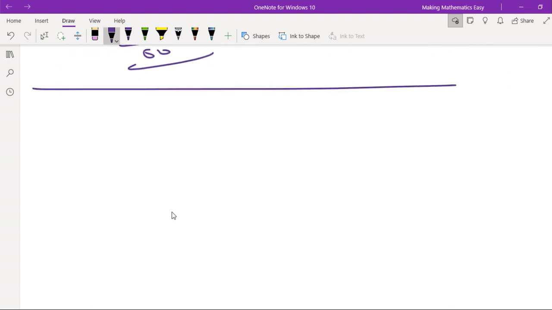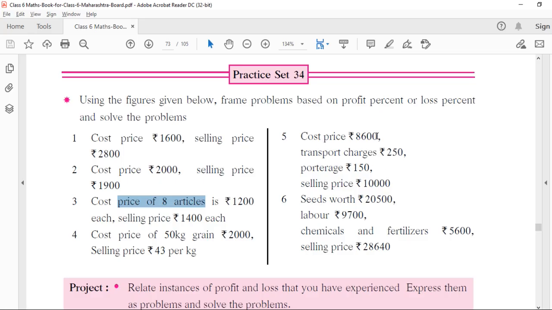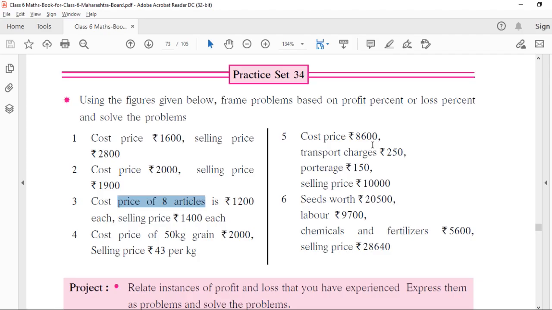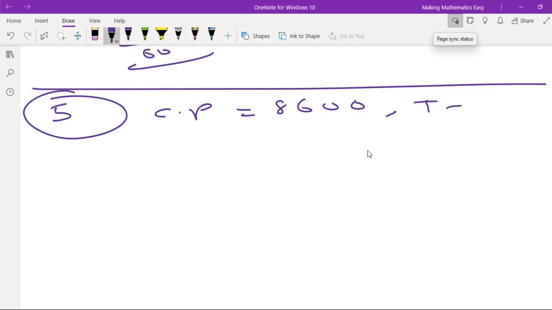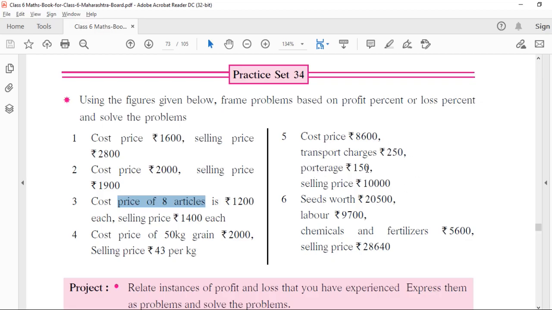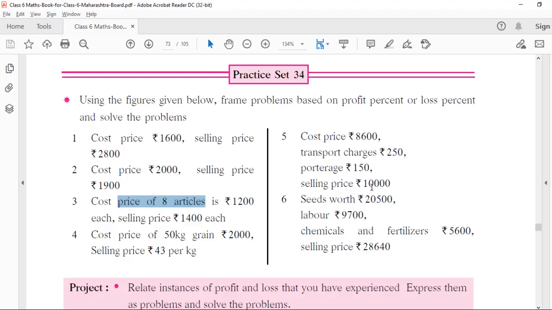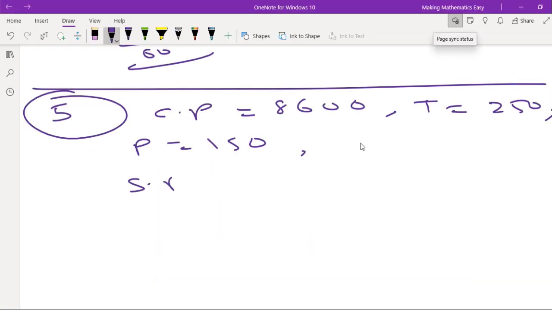Let's move on to sum number 5. Cost price is 8600. Then transport charges is 250 rupees. And then there is a porterage charge of 150 rupees. And the selling price is 10,000.